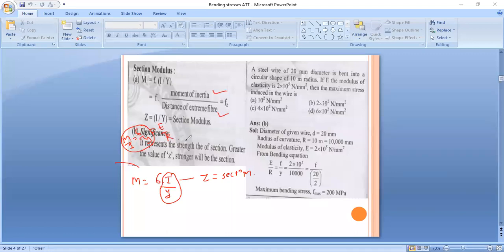Next, we have to learn moment of resistance.